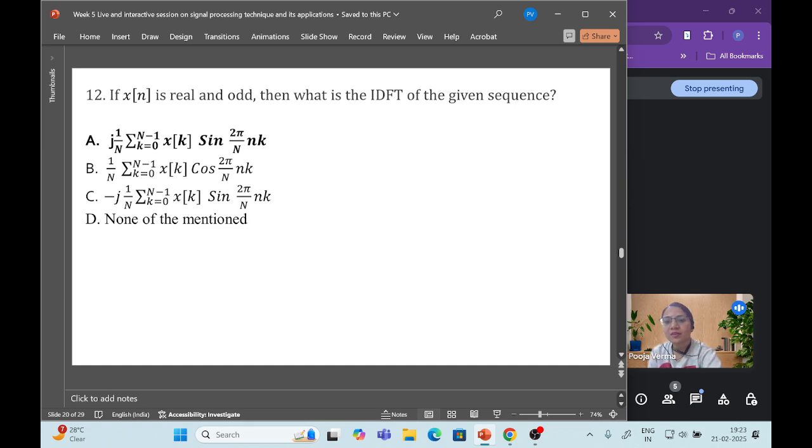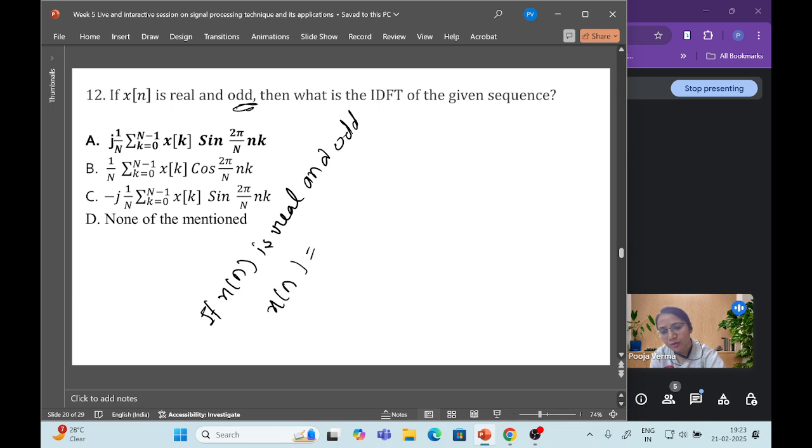Here it is given real and odd. So if x of n is real and odd, then we know that x of n will be minus x of minus n.